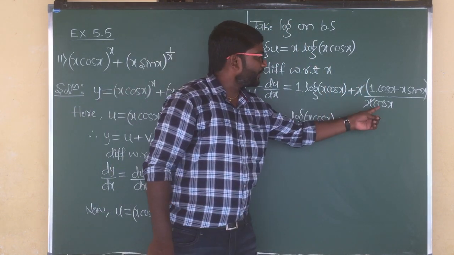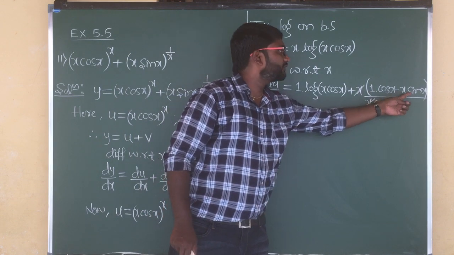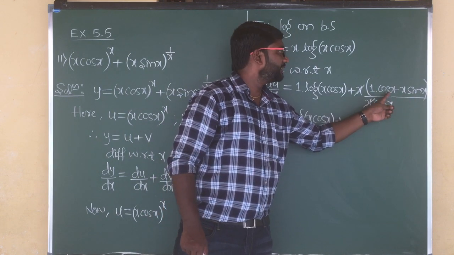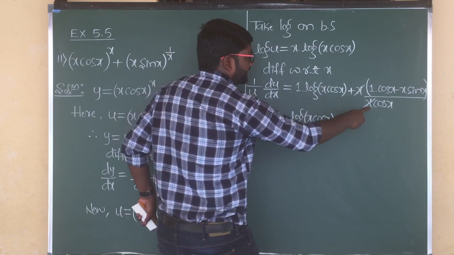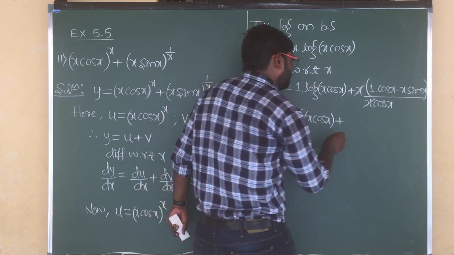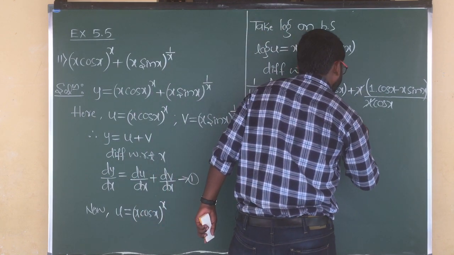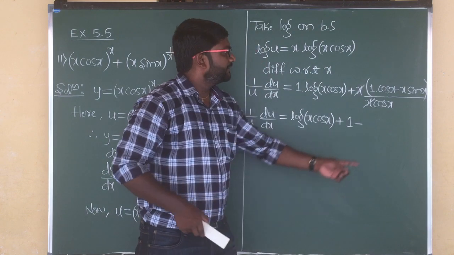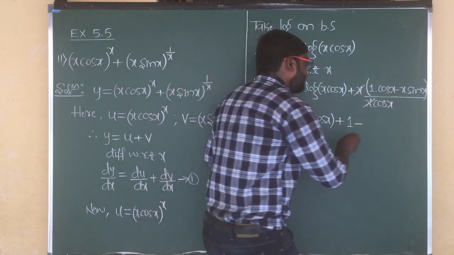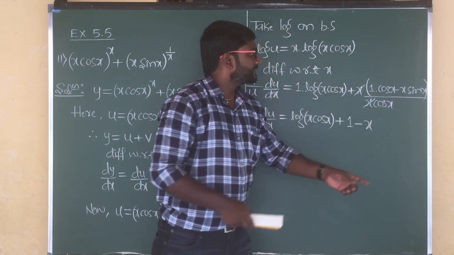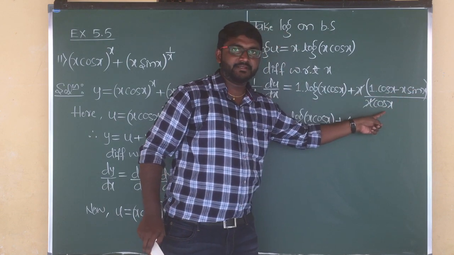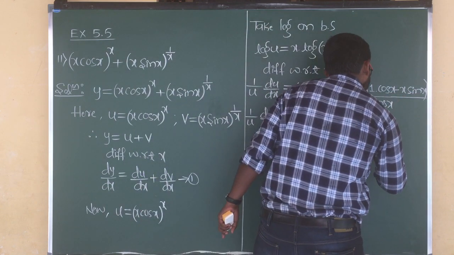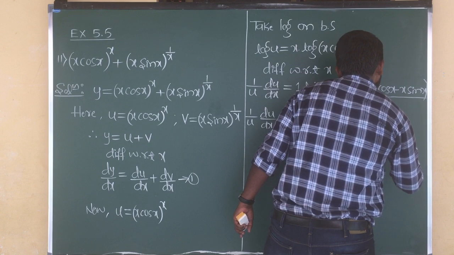Now this cos x will be divided to both the terms. Cos x divided by cos x is 1, so I write 1 here. Then minus x, I am going to write it as it is. Then sin x divided by cos x is tan x, minus x tan x.